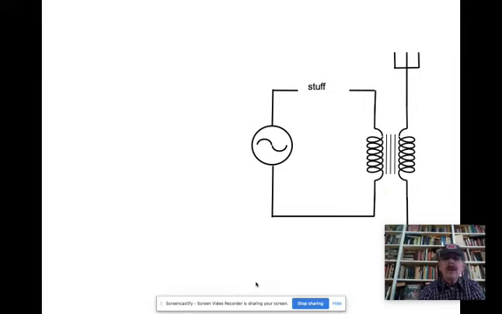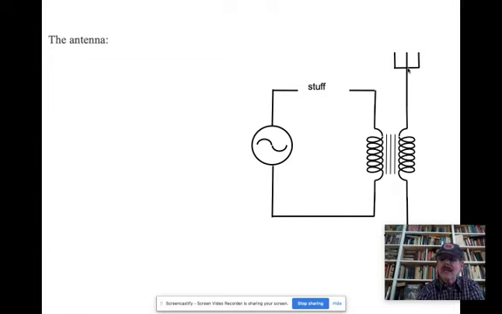Anyway, we need to talk a little bit about this antenna and what's going on with it. You need to remember that you're going to have charge oscillating up and down onto this antenna at a frequency of 980,000 cycles per second if this happens to be KFWB. So let's think about what that means.